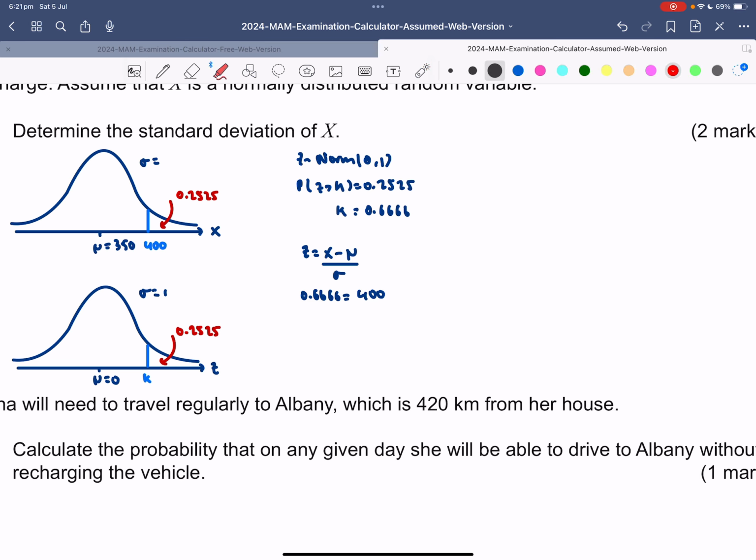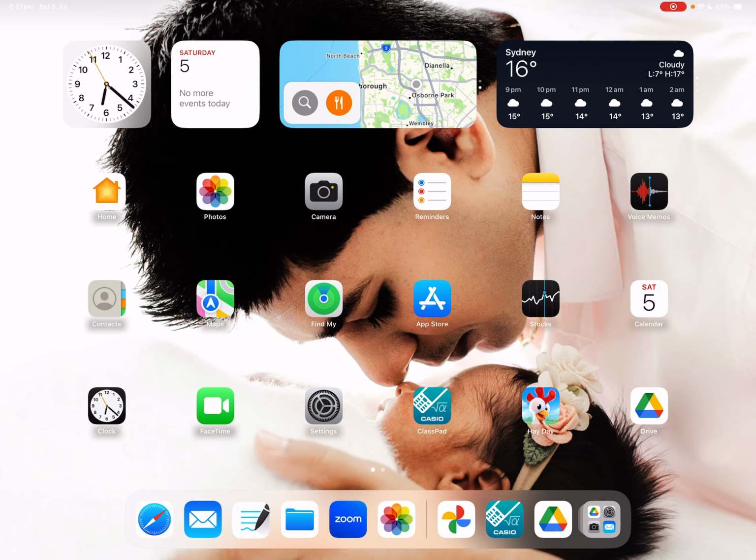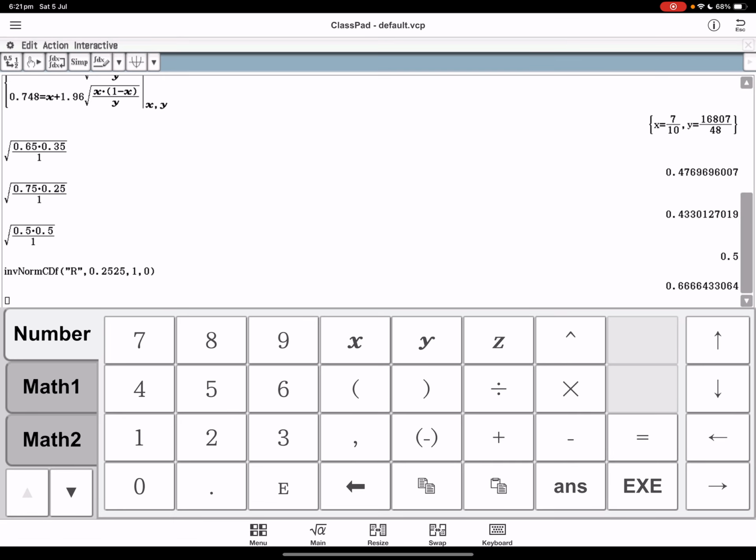So we sub those specific numbers in. Mean we know to be 350, and we don't know what the standard deviation is. Put that into the calculator and we get a standard deviation of, let's have a look, should be close to about 75.